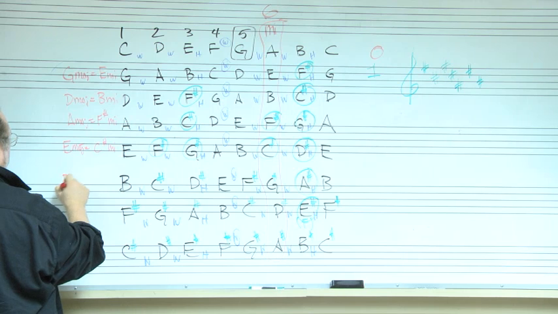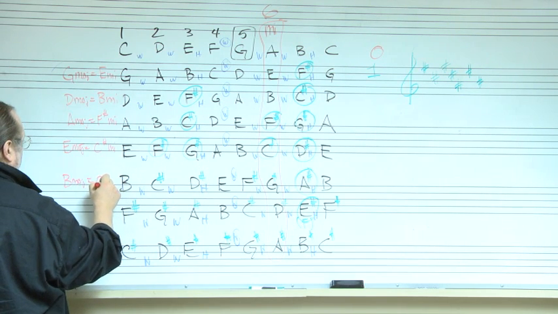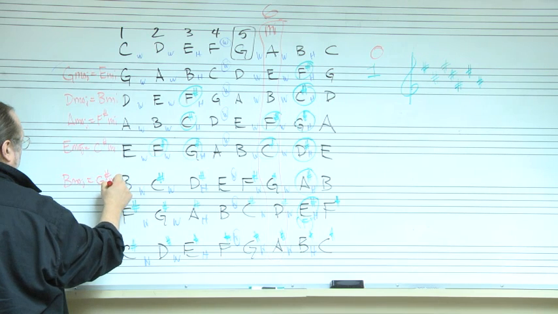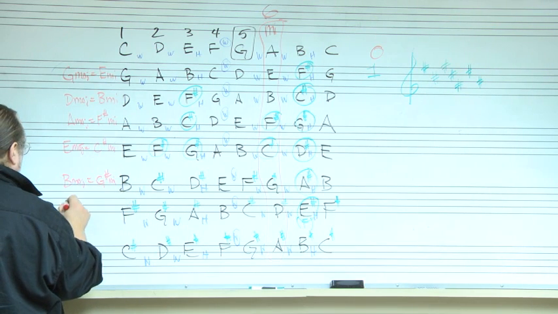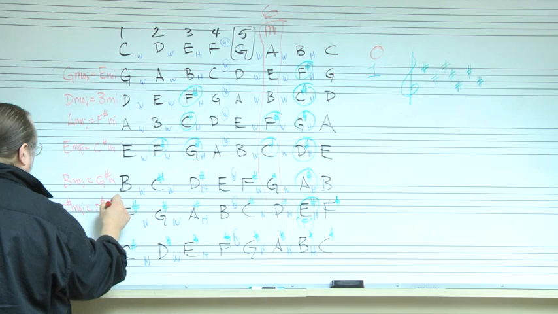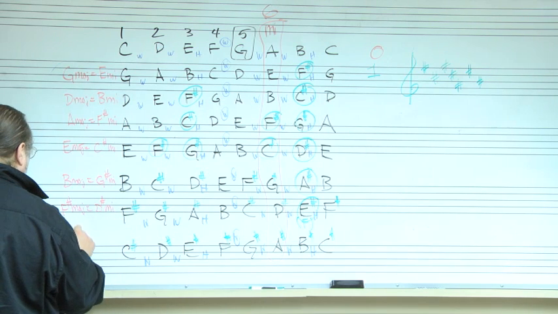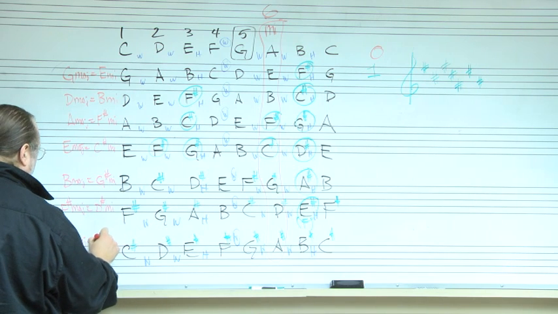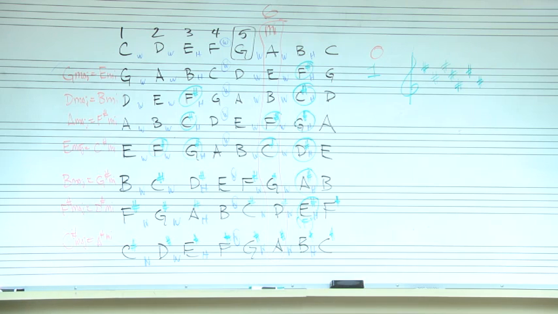B major equals G sharp minor. F sharp major equals D sharp minor. C sharp major equals A sharp minor. So for minor keys, you just count to the 6th note of the major scale.